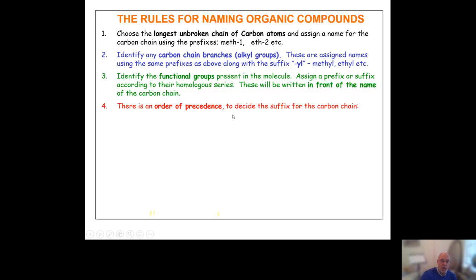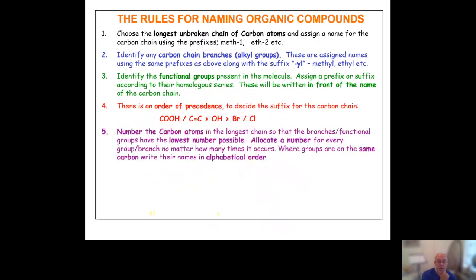There's an order of precedence to decide the suffix because there's more than 1 group that is a suffix. You don't often have to use this, to be honest, but carboxylic acids and alkenes trump alcohols. They've all got suffixes, and both of those trump haloalkanes. So that's how you know which suffix to use if there's more than 1, and it'll become clearer when we do them.